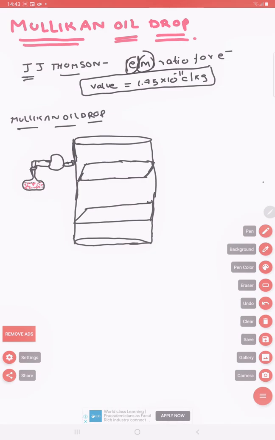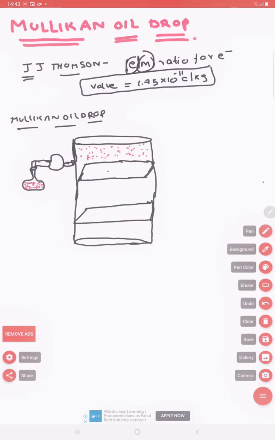So when I press it, I'm just drawing and I will explain to you, so you need not worry about the Millikan oil drop. And the final conclusion from the Millikan oil drop I'm also going to tell you.